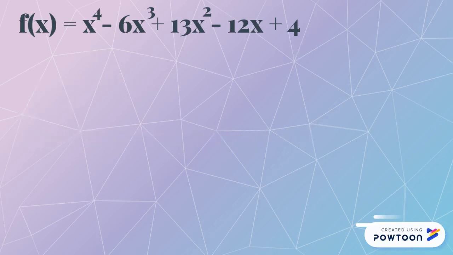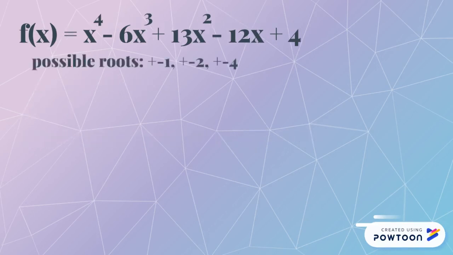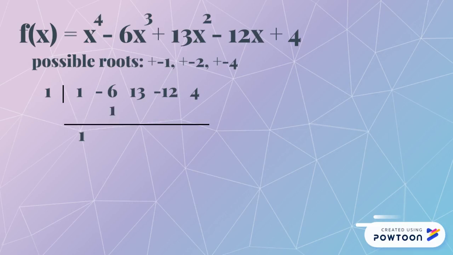As we have found the possible roots of this function, we can now use synthetic division. First, we use 1 and get all the coefficients in this function. Bring down 1, then multiply it to the divisor and we'll have 1. −6 plus 1 is equal to −5.